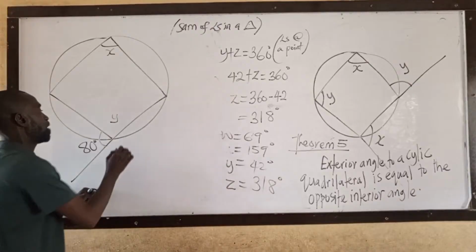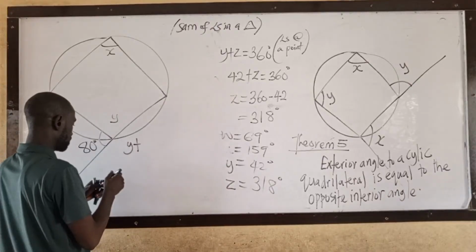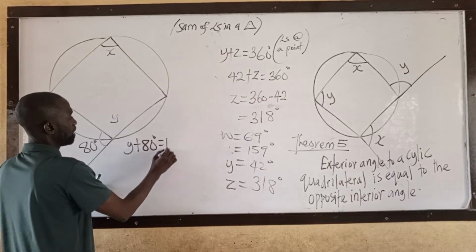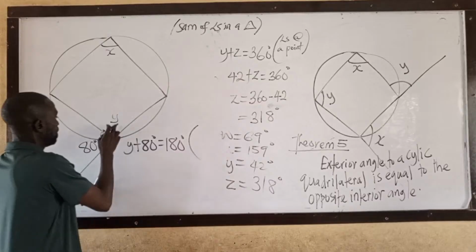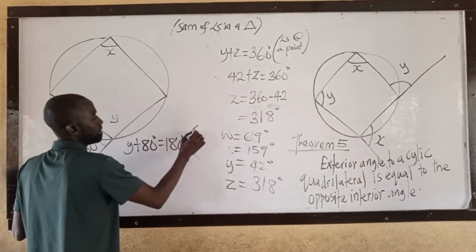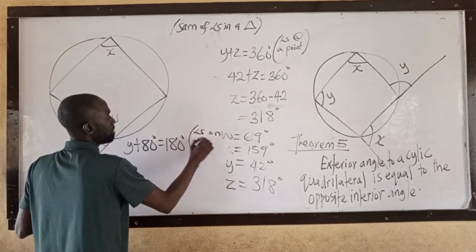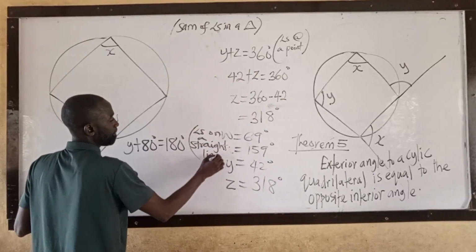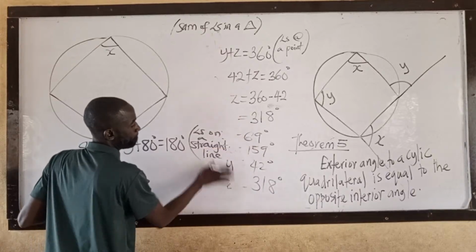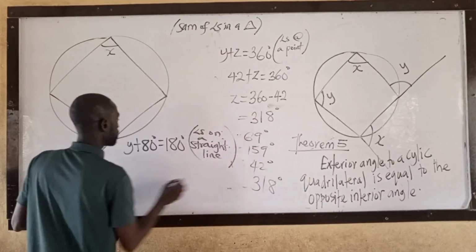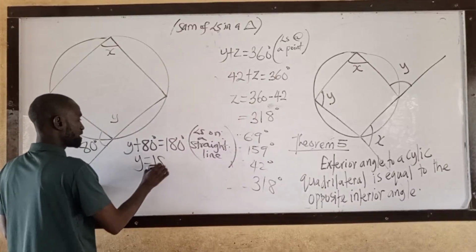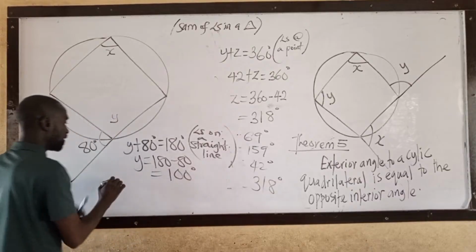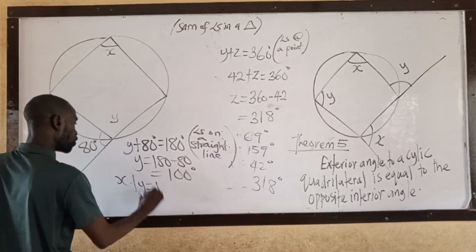So let's solve it. I'll first say y plus 80 is 180. The reason: angles on a straight line. So y is 180 minus 80, which is 100 degrees. But x plus y is 180 degrees.